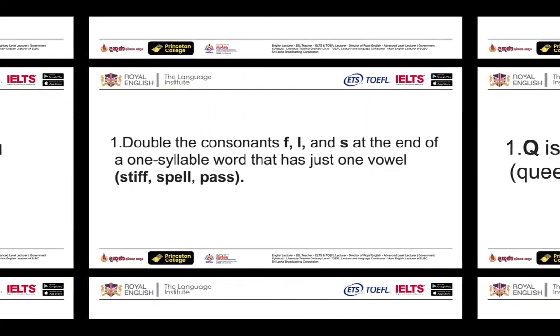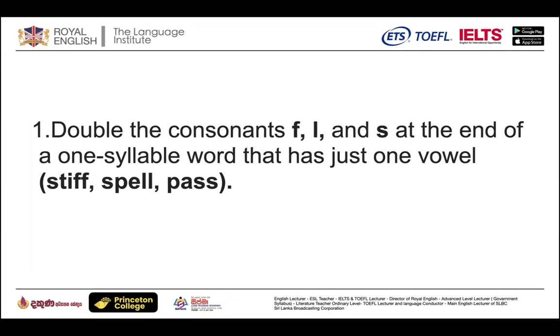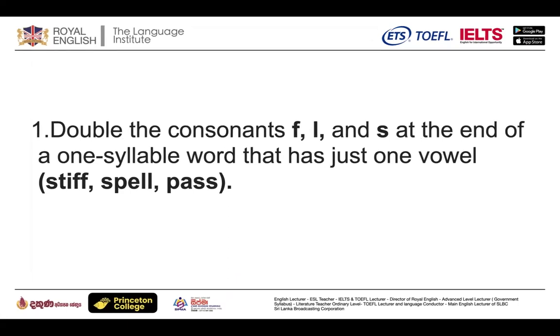Double the consonants F, L, and S at the end of a one-syllable word that has just one vowel. Just one vowel. Stiff, spell, pass, likewise. So if you need to write the F sound, as in stiff, you have to use two letters, doubled at the end of the word.